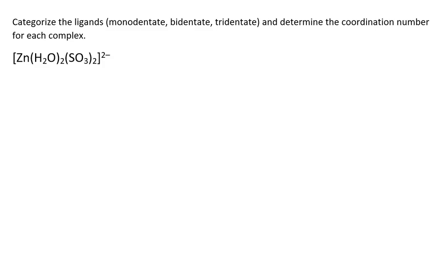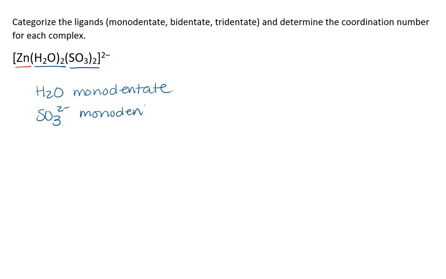Our next example looks a little bit more complicated, but we're going to apply the same strategy. Here's our metal ion. So we're not going to do anything with that, for this particular example. Our first ligand is water. Water is monodentate. And our second ligand is sulfite. Sulfite is also monodentate.